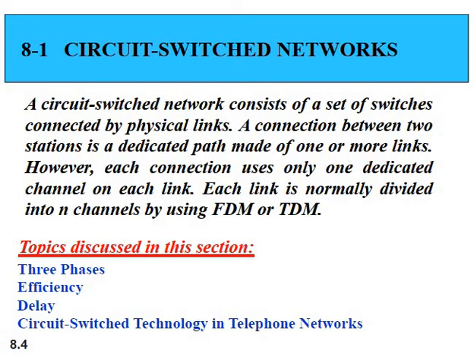We can use two techniques, frequency division multiplexing or time division multiplexing, in circuit switched networks. The important points we are going to study are the three phases of circuit switched networks, its efficiency, its delay and its application in telephone networks.